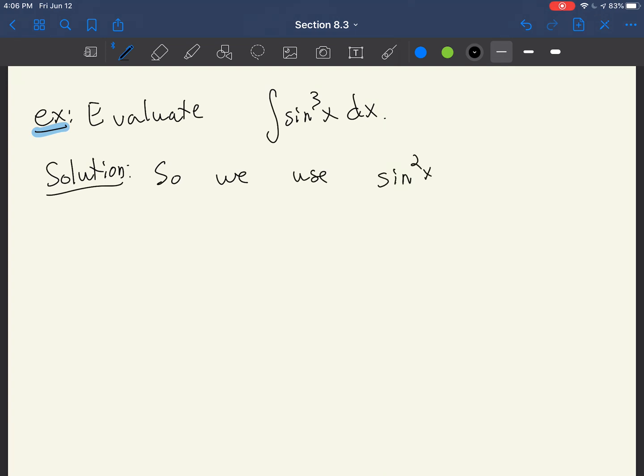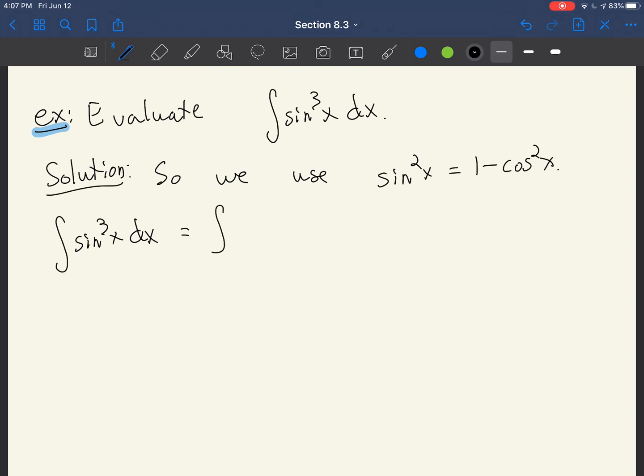So we use sine squared x equals 1 minus cosine squared x. After doing this, we'll have sine x times 1 minus cosine squared x, which we're about to see. So we would have reduced the 3 in the exponent of sine down to a 1 by changing 2 of them into cosine.